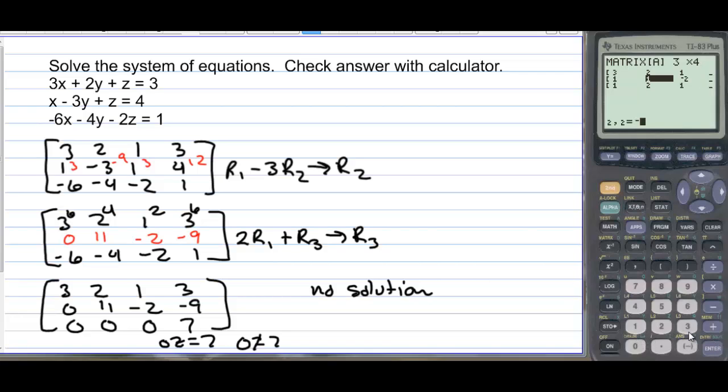1, negative 3, 1, and 4. We have negative 6. We got negative 4, negative 2, 1. And we can quit out of this.